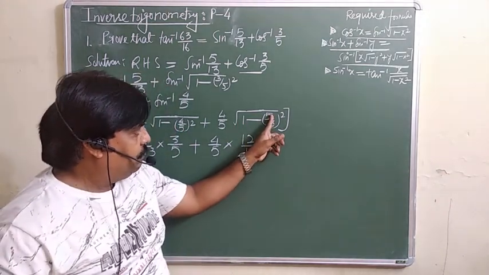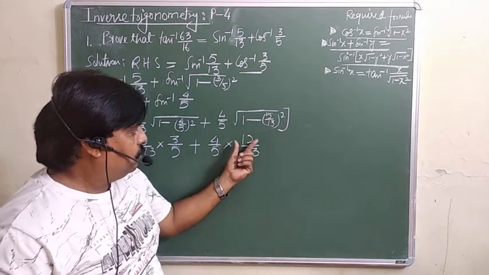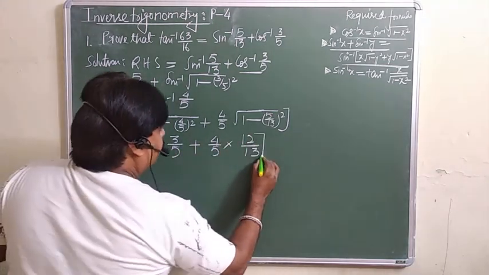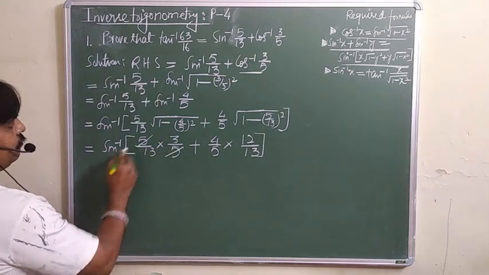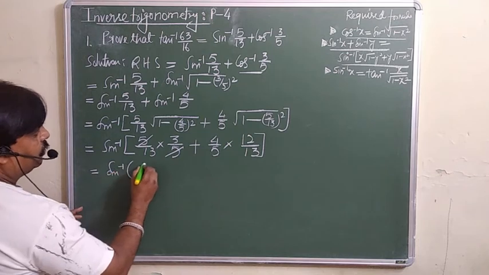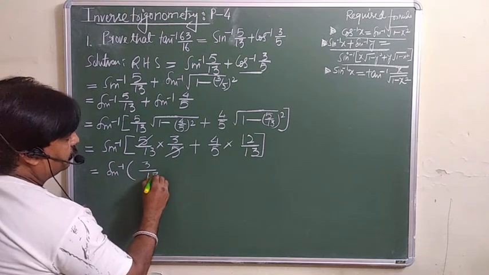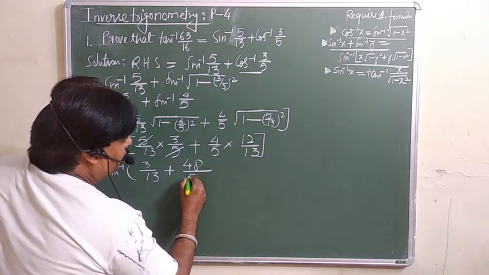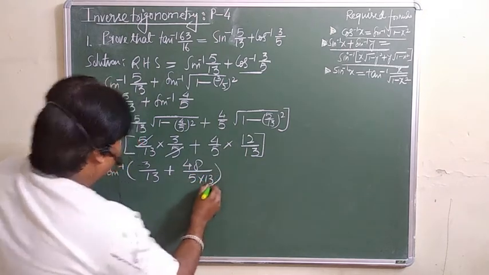So finally here you are getting sin inverse of 15 over 65 plus 48 over 65. You can solve this one.